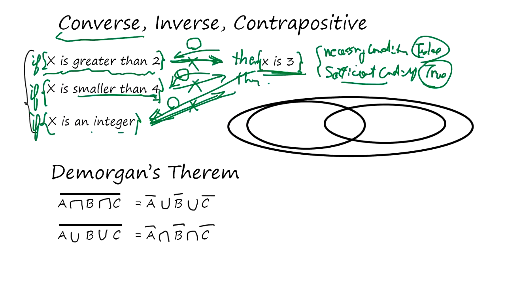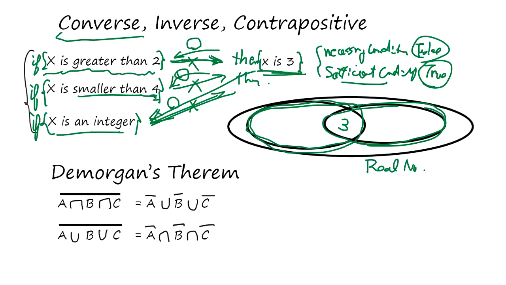We examine this. X is an integer. Suppose this is the real number line, and this is the integers, and x is greater than 2 is this one, and x is smaller than 4 is this one. So 3 sits right in the middle.